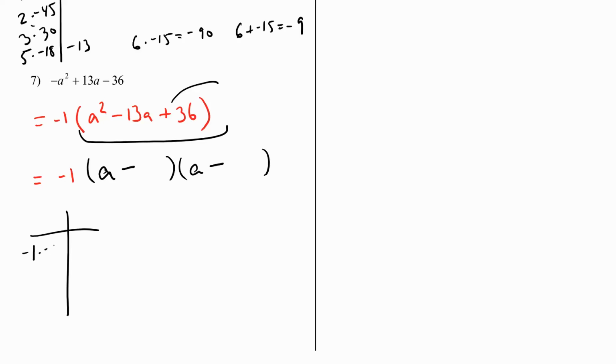Negative 1 times negative 36, negative 2 times negative 18. That one adds up to negative 20. Negative 3 times negative 12, negative 4 times negative 9. Oh, that one right there. If we add those two together, we do get negative 13. So those are our two factors right there.